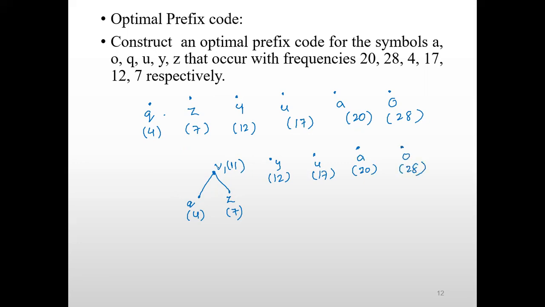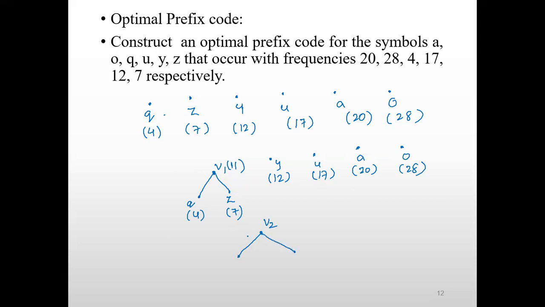In the same step, I calculate the minimum weights, and also make an arrangement in ascending order. So the next two minimum weights are 11 and 12, and we need to add 11 and 12 and assign to the new vertex, and the new vertex is V2. We are adding and it is branched.